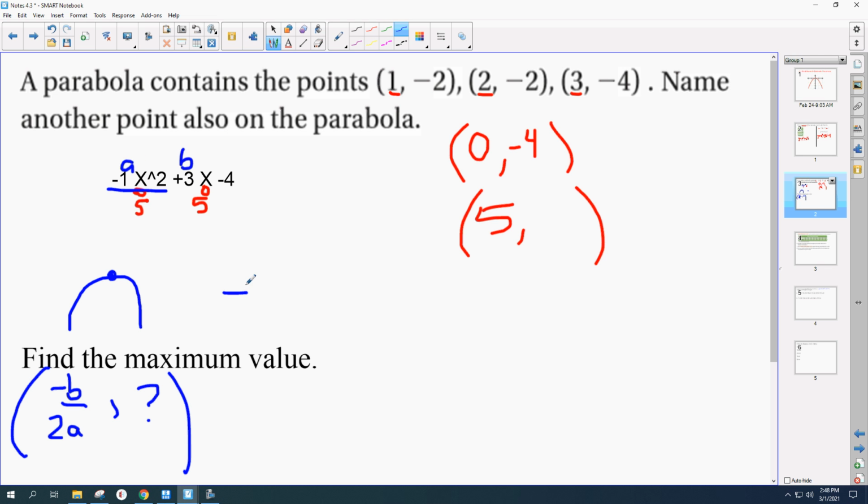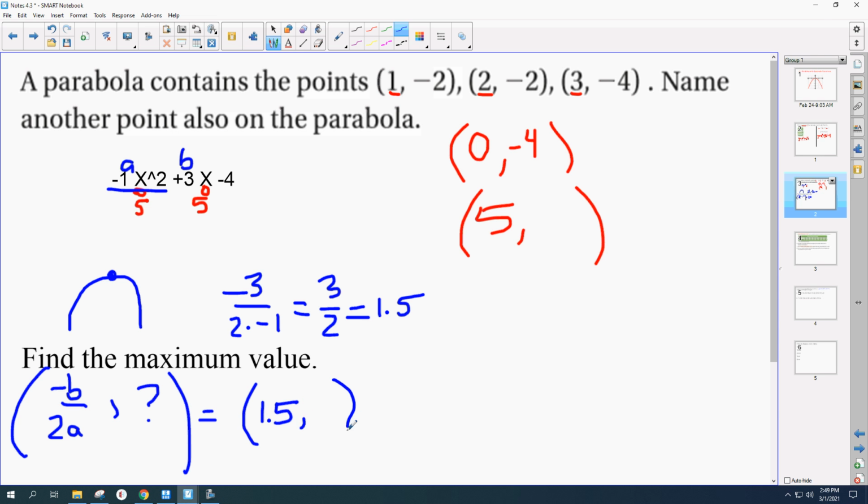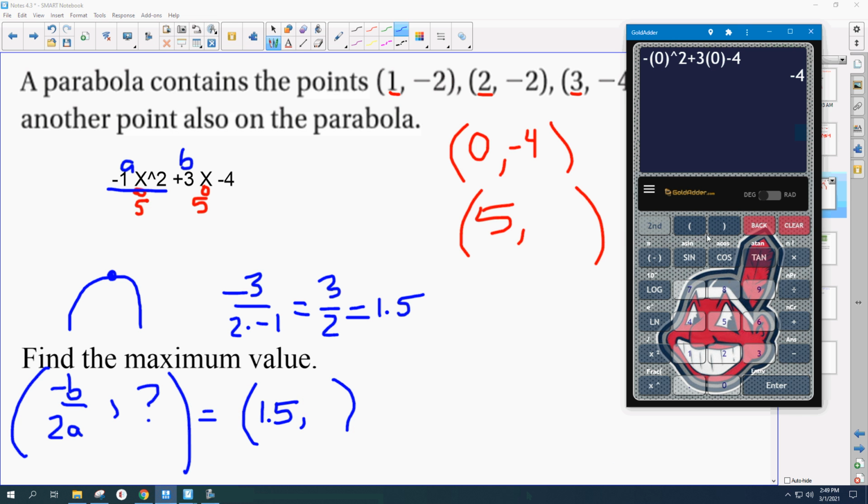So that's going to be -3 over 2 times -1. Okay, so that's a fraction, 3 over 2. Or if you want to look at that as 1.5, that's fine, 1.5. So your vertex is going to be 1.5, comma something.